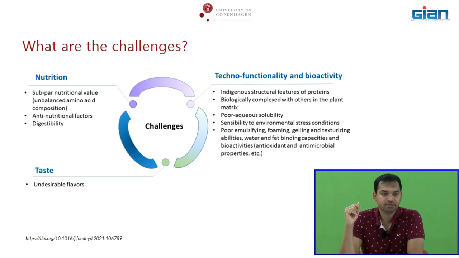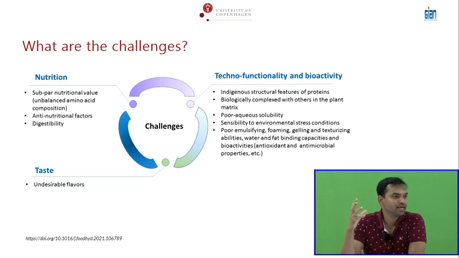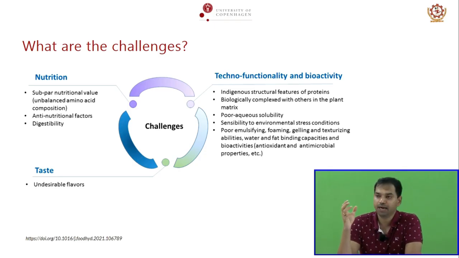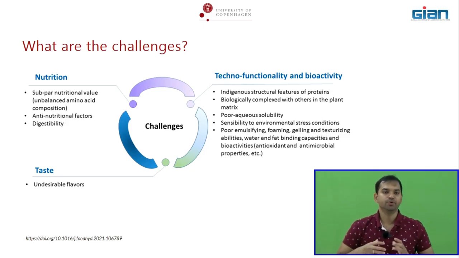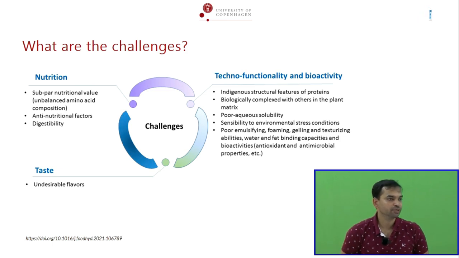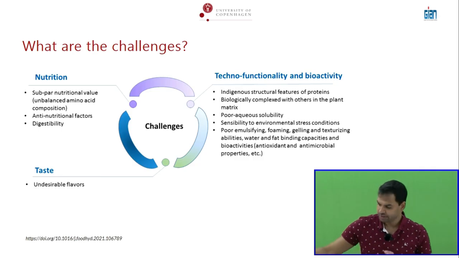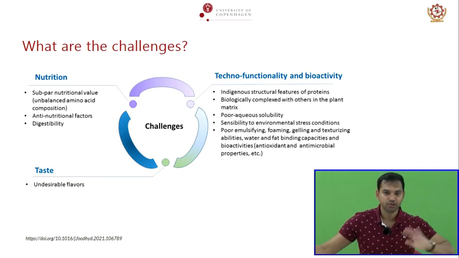And then taste: they bring some grassy flavor. Sometimes plant proteins are bitter. Sometimes plant proteins are what we call astringent. So these are the problems, and these are the things we need to look after to improve the techno-functional properties of alternative proteins: taste, texture, flavor, and all these things. We have discussed all these things in detail. It's just to refresh your memory.